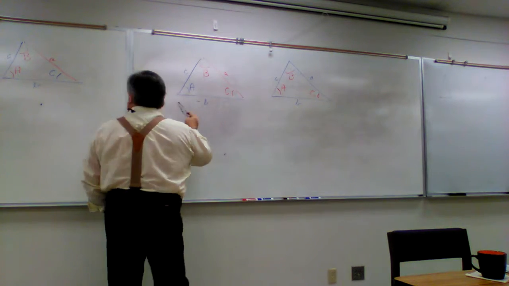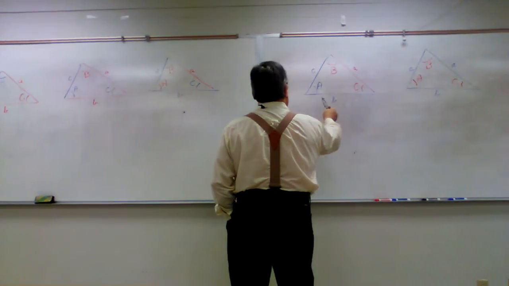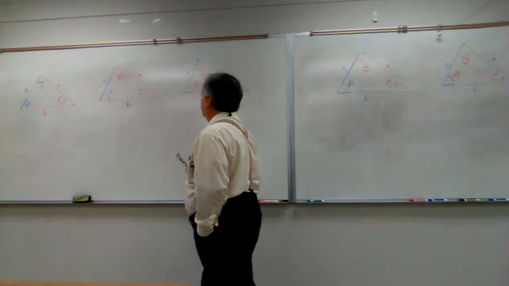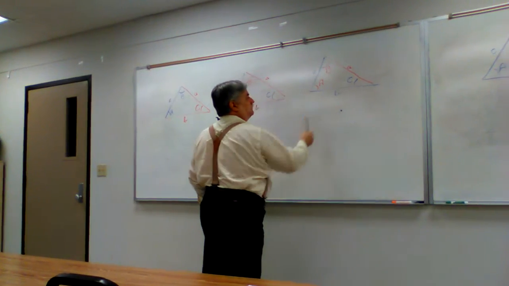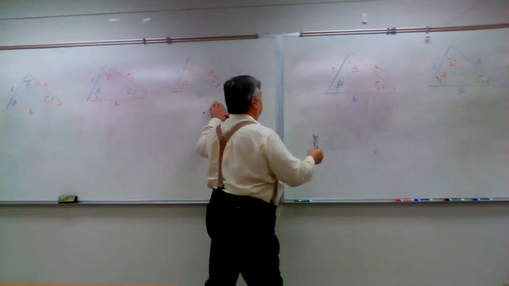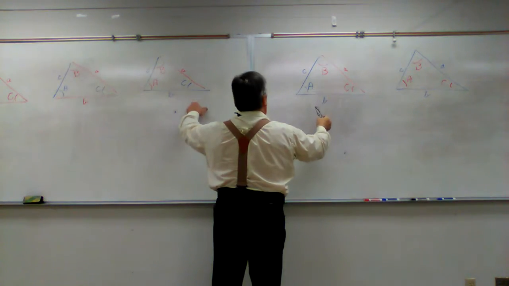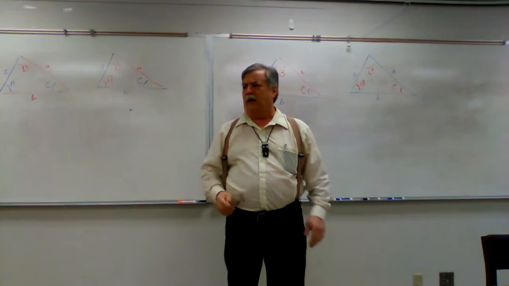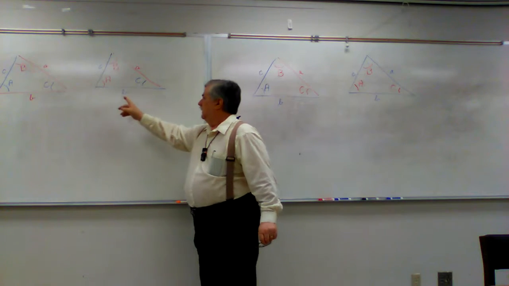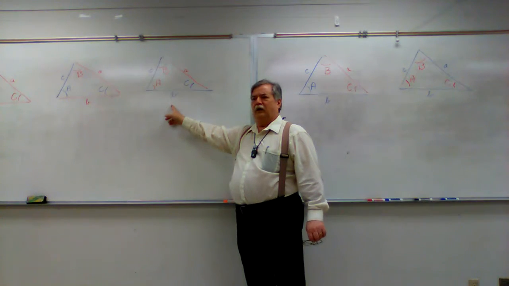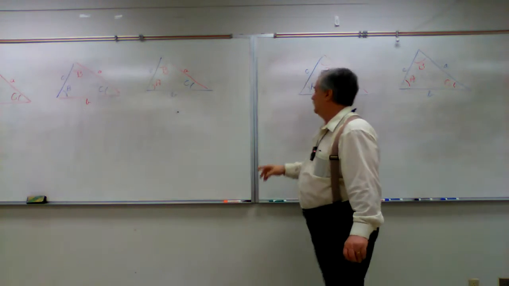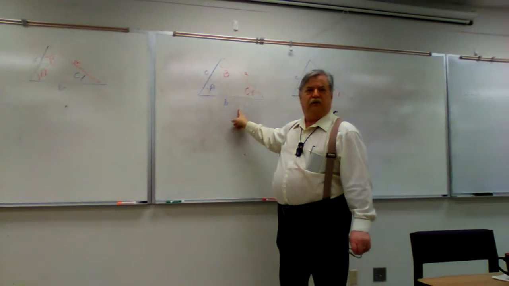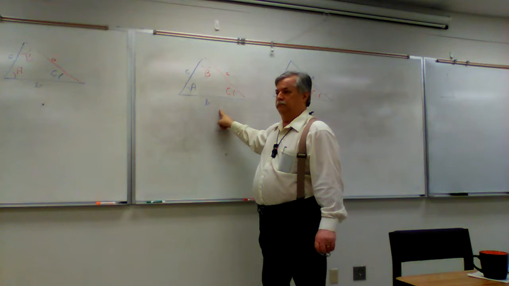The big difference that I want you to see between these two sets is between this one and this one. Now, in both cases, you know two sides, but you only know one angle. In this case, you need the law of sines to figure out the remaining parts of the triangle. But in this case, you need the law of cosines.